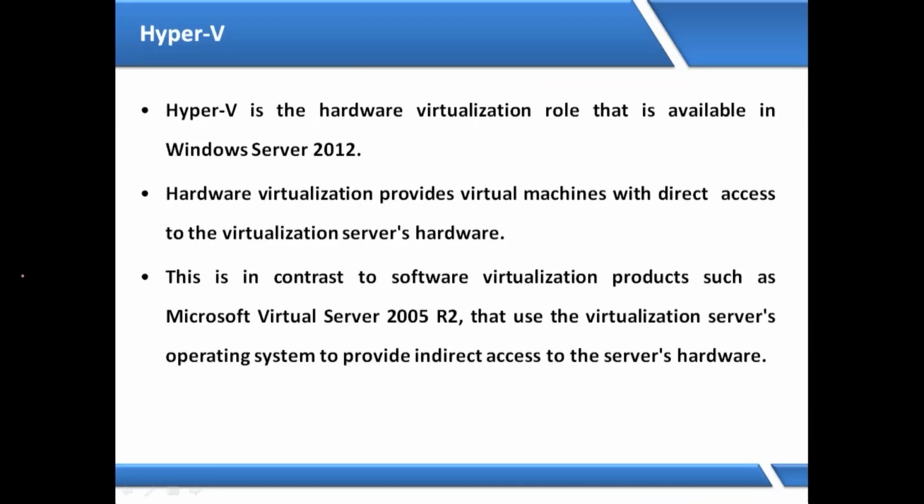Okay. So here in software virtualization, these three resources, processor memory, RAM memory, and hard disk space, are given to the virtual machine, not directly. They are given with the help of the operating system.